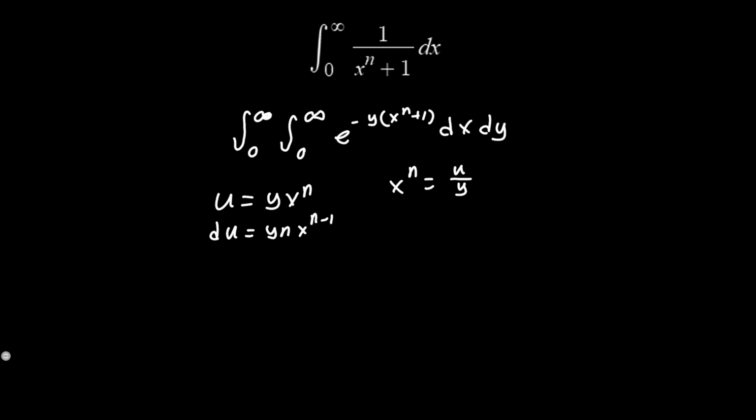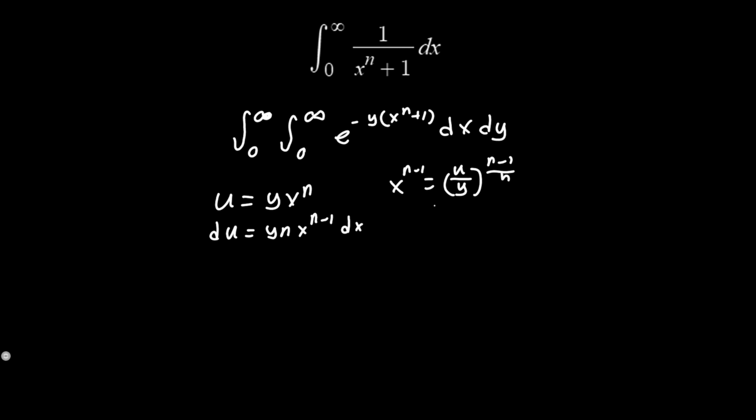And we're going to solve for x to the n minus 1. So we're going to pretty much raise everything to the 1 over n. So we have 1 over n. And similarly, we're going to pretty much raise both sides to the n minus 1. So we will have n minus 1 over n for the dx.